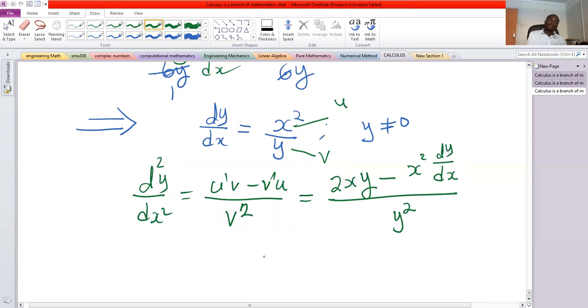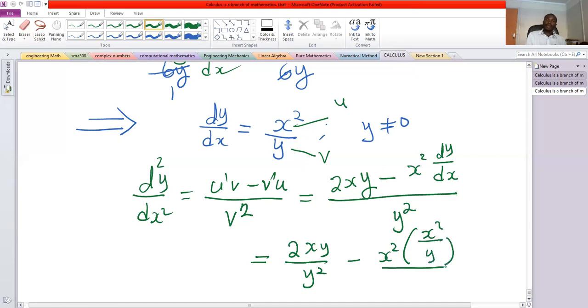And you see this is the same as 2xy over y squared minus x squared dy/dx, which from this equation is x squared over y, and then you are dividing by y squared.